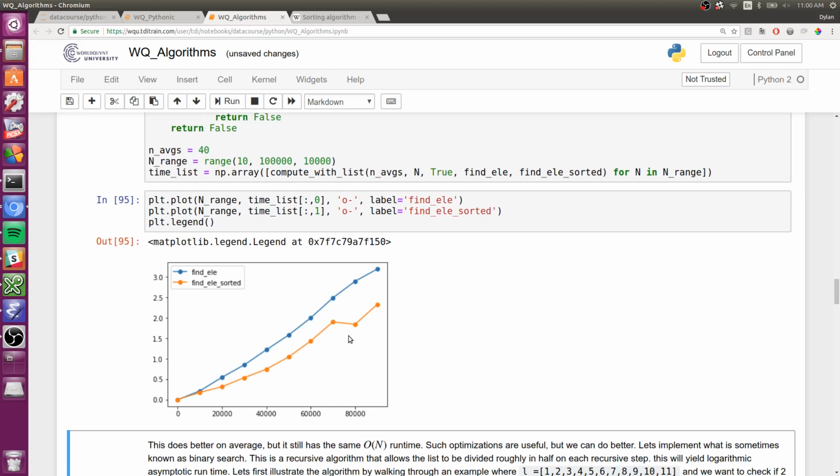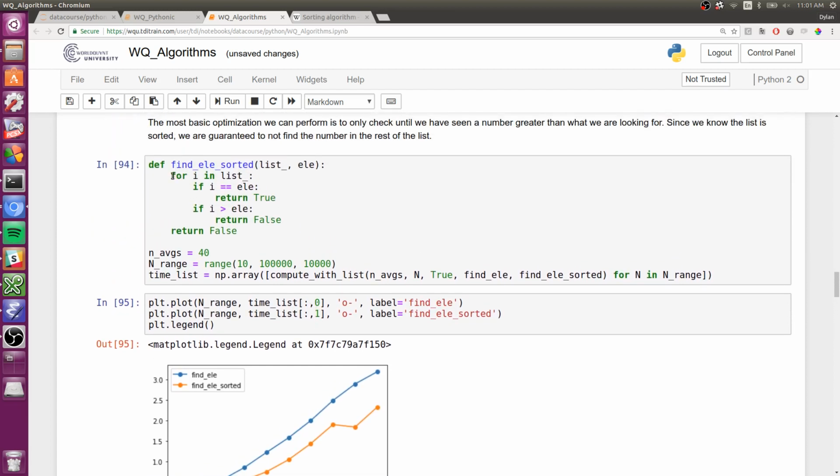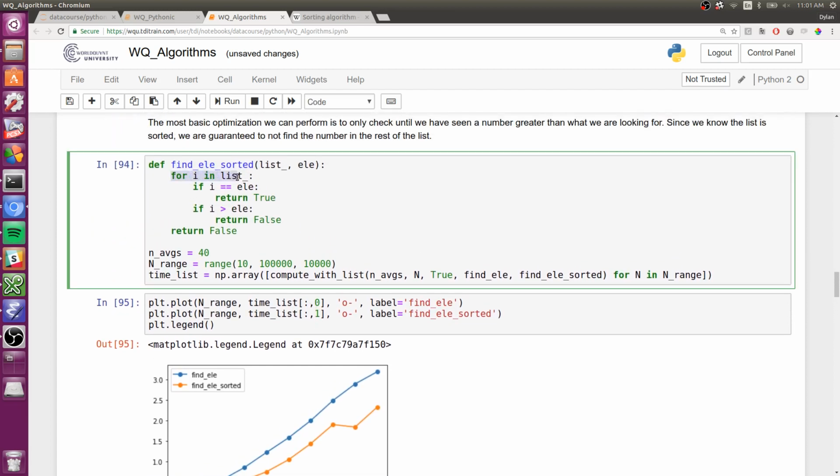And it's somewhat faster. But it appears to follow a similar linear trend as the original function. And that's because our algorithm still has order n operations.